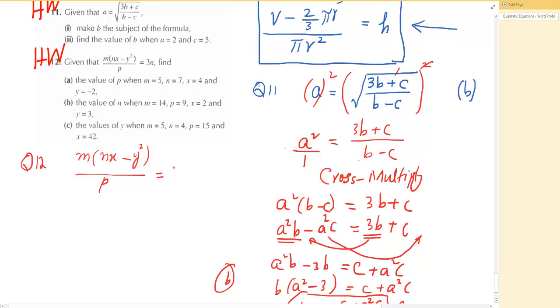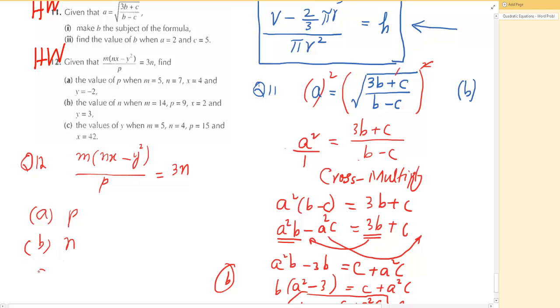Students, in this formula, what is the subject? 3n is the subject, isn't it? Yes, 3n is the subject. So in part A, you have to make P the subject. In part B, you have to make N the subject.